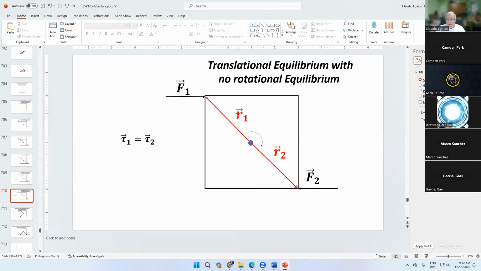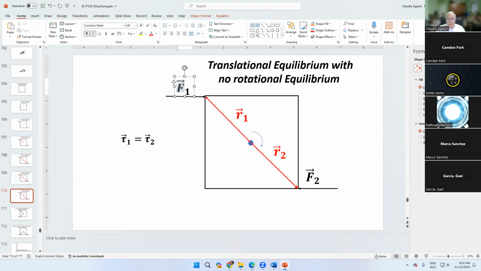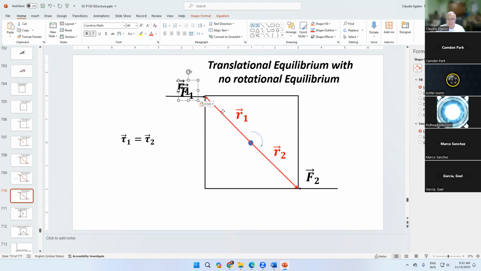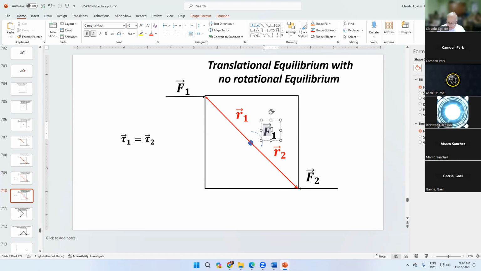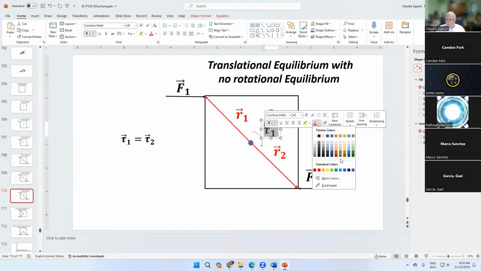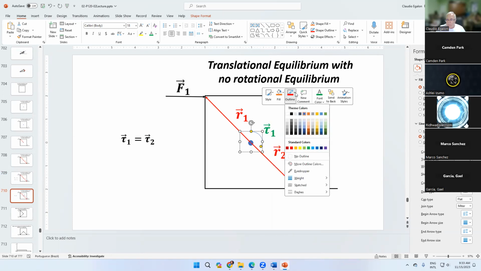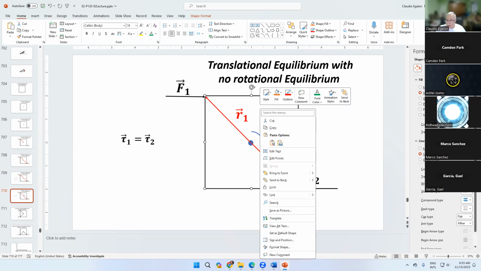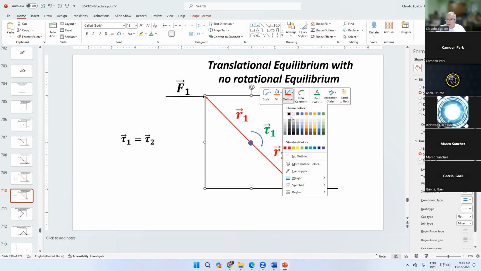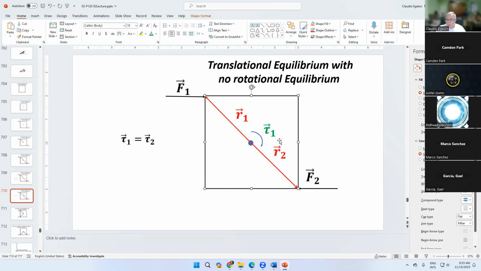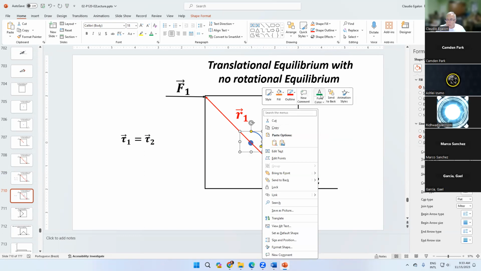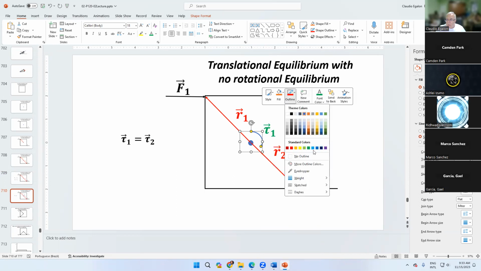Okay. This one here I will call tau, right? Tau. Not tough, but tau. Tau one. That's going to be green. No, not this one. This one here I want. This one here, yep.